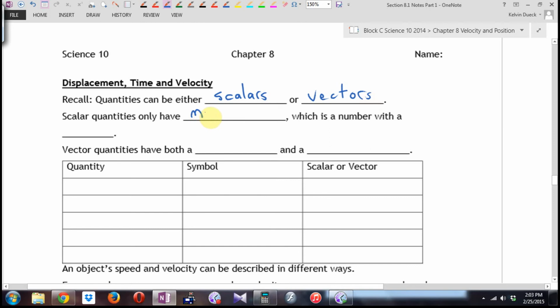And magnitude, which is really a number with a size. Vector quantities, Andrea, have both a magnitude and a, began with the letter D, direction. Vectors have magnitude and direction.